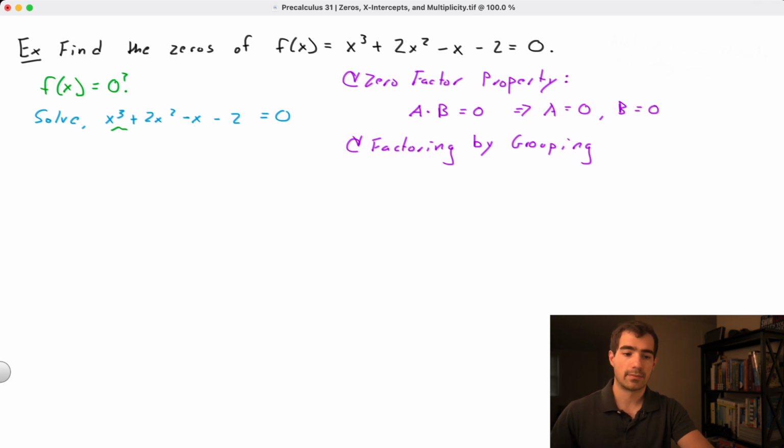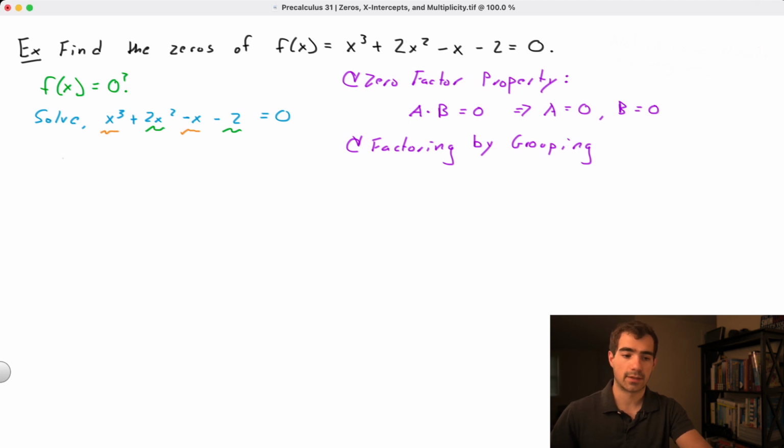So for instance, we might look at 2x squared and minus 2 and realize that they share a factor of 2, and so it's going to be worth pairing those together. Similarly, we might look at x cubed and x and realize that those have a common factor of x, and so we'll group those together when we begin to factor.